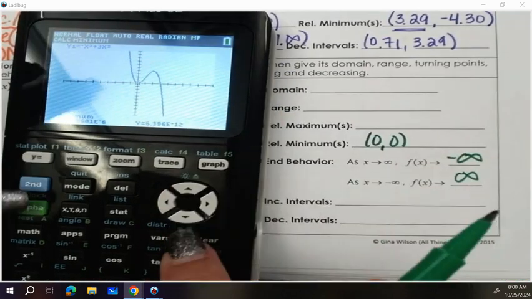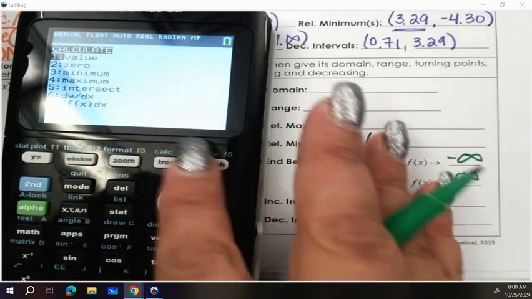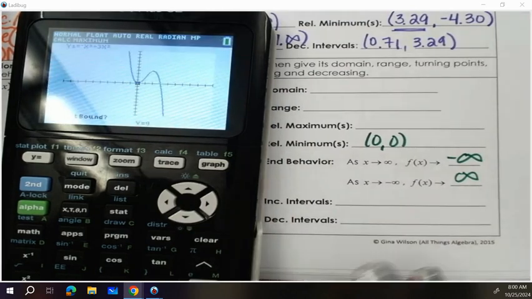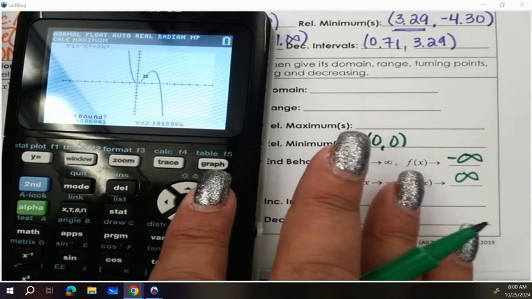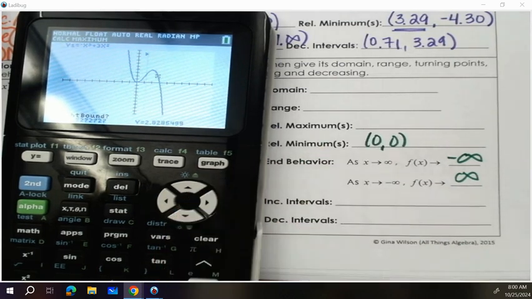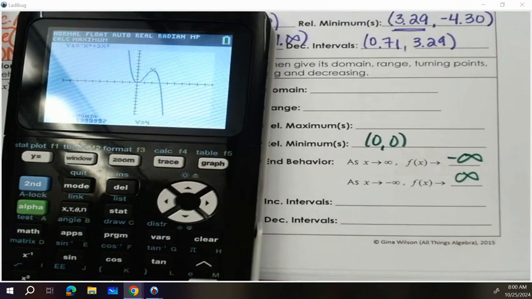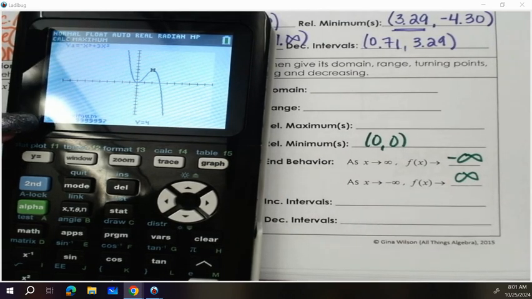Okay, let's calculate my maximum now. It looks like it's right here, but let's calculate it. Second calc. Oh, no, that's not what I wanted to do. Maximum. Left bound. Right bound. Guess. 1.99999999997.